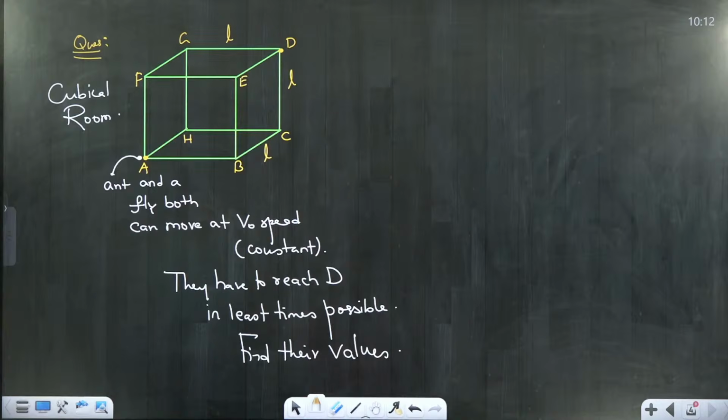There is no acceleration. They are moving at constant speed. Okay, fly. The fly will take root 3 L by V naught, correct. And what about the ant?